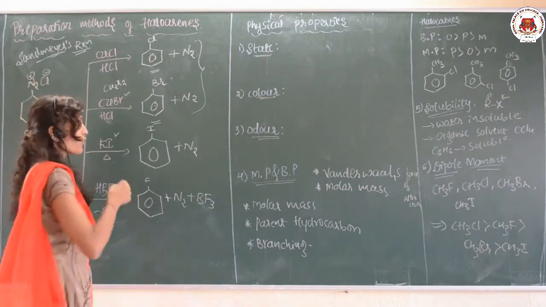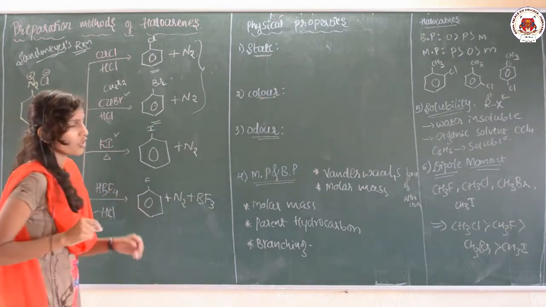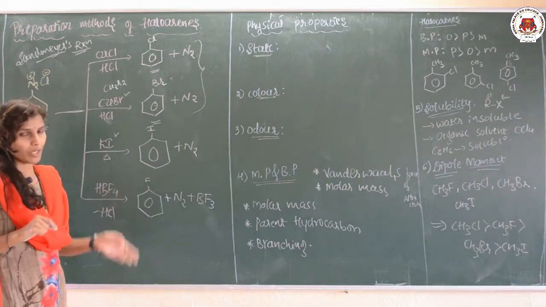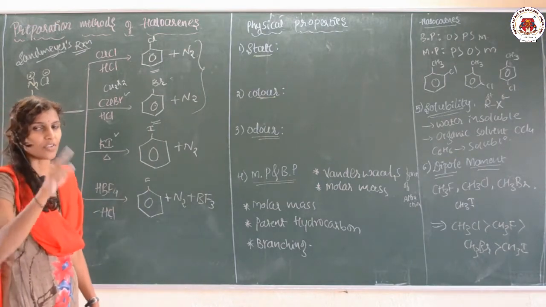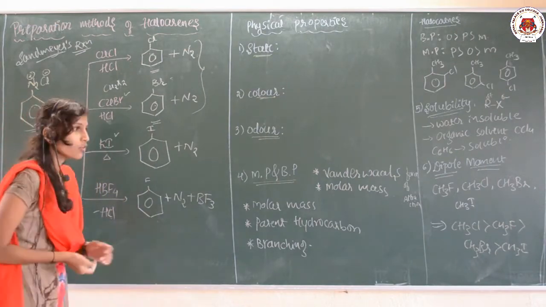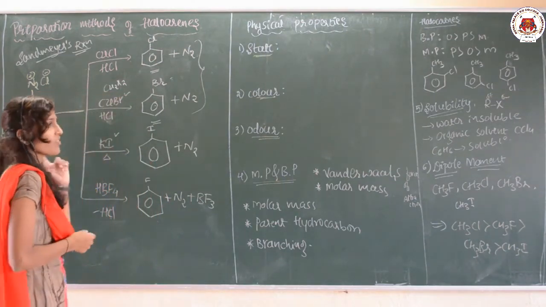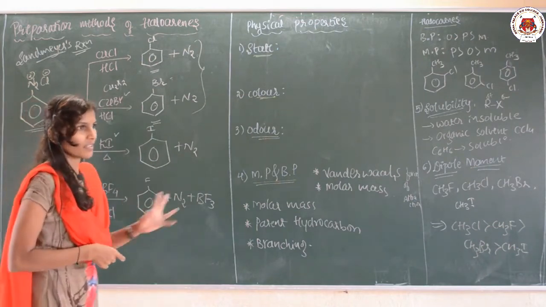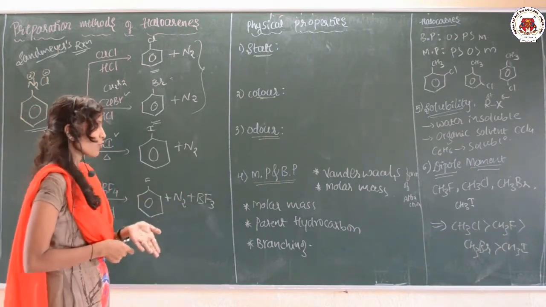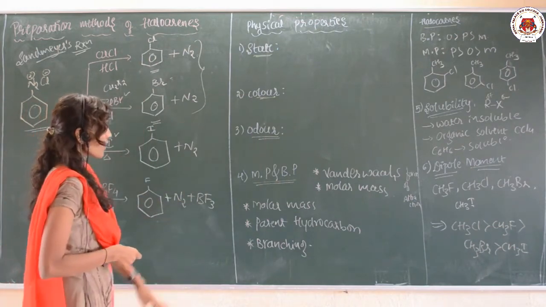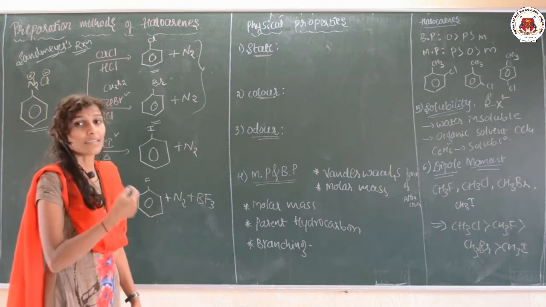So it is one of the very important reactions in the methods of preparation of haloarenes. The first one is halogenation, while the second one is the Sandmeyer reaction using benzene diazonium chloride salt, that is C6H5N2Cl, and in all the cases nitrogen is going to be released.